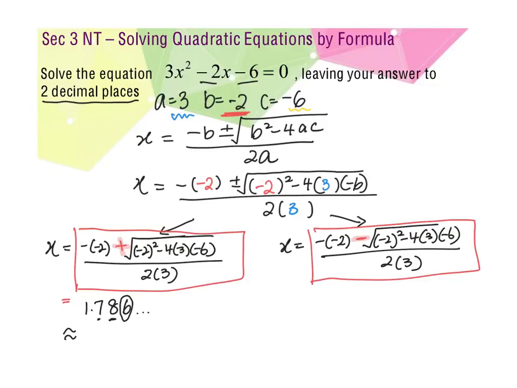This number is 6, which is more than 5, so I round up, so it becomes 1.79 to 2 d.p. And then the second answer will be negative 1.1196 something, but I need to round off to 2 decimal places. This is the first decimal place, this is the second decimal place. This number is more than 5, so I round up, negative 1.12, so 2 decimal places.